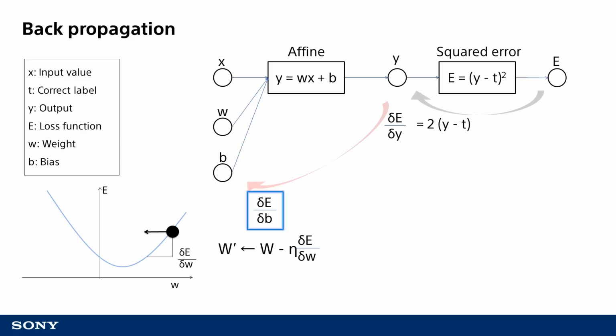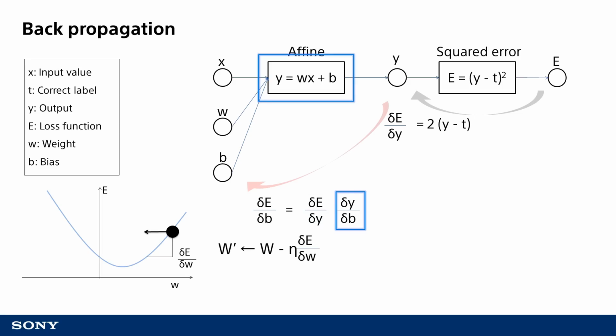In the same way that we did it earlier, the gradient of b can be divided into two parts, the gradient of y and the result of differentiating this formula with respect to b. When we differentiate this formula with respect to b, there is no coefficient, so we obtain 1. This means that the gradient of y becomes the gradient of b without changing.